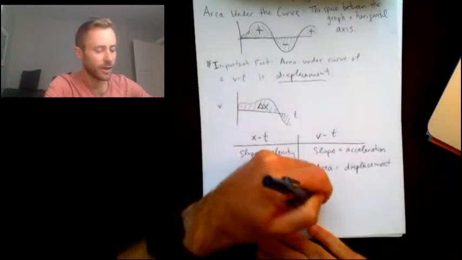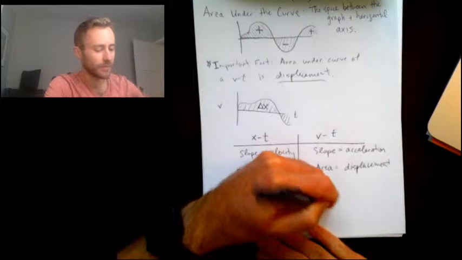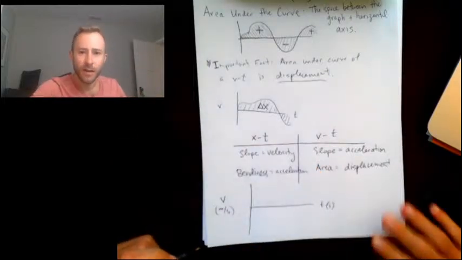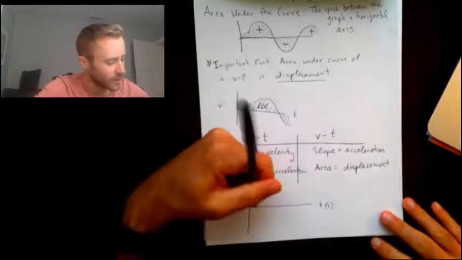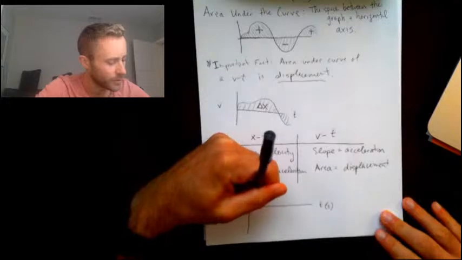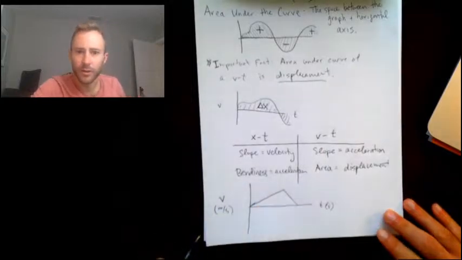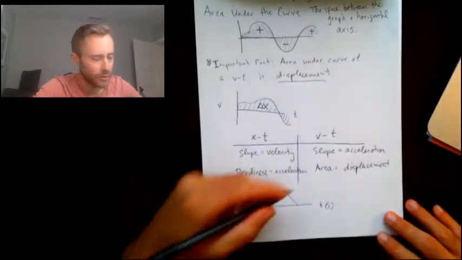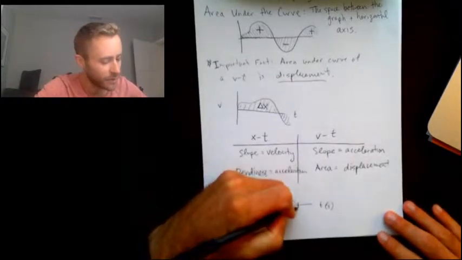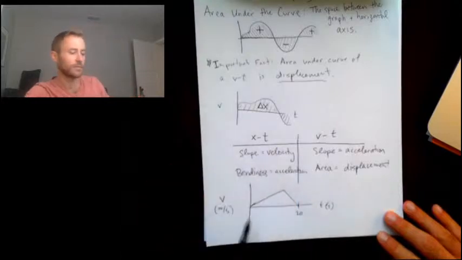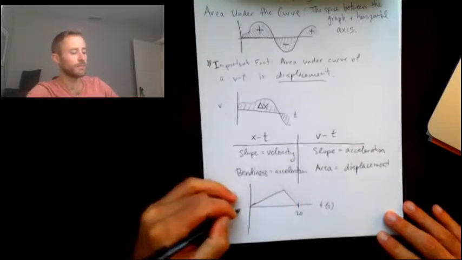And then time in seconds. Let's suppose that it looks like maybe this. So let's say that the entire graph is 20 seconds long. It goes from 0 to 20.